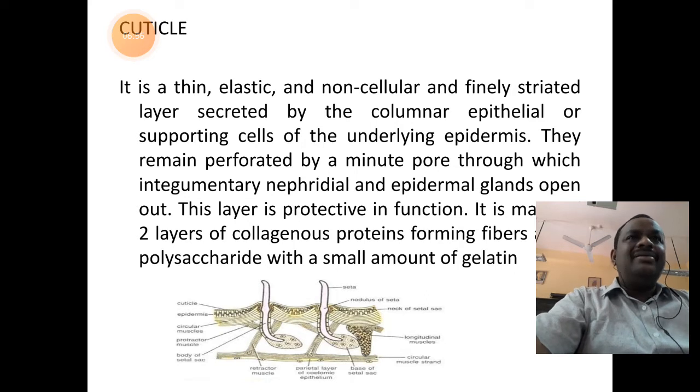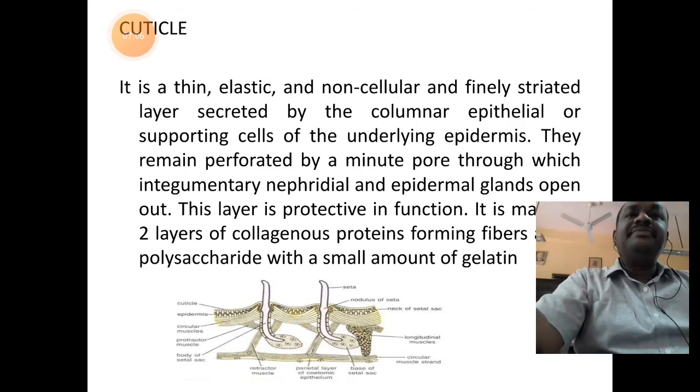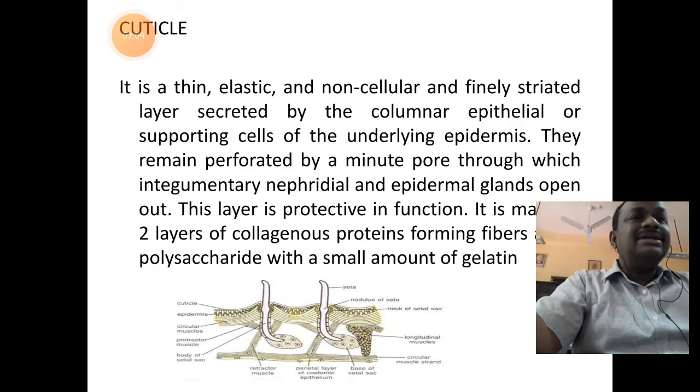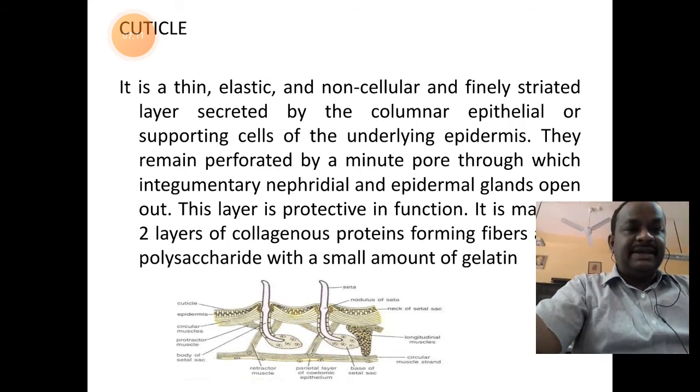The cuticle layer is a protective layer. It is made up generally of polysaccharides, gelatin and collagenous protein material.